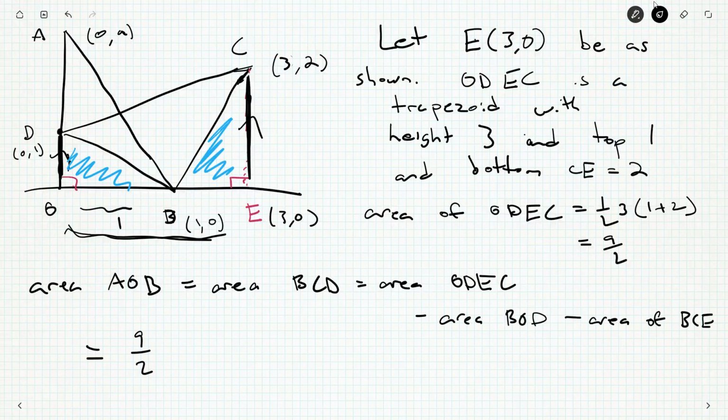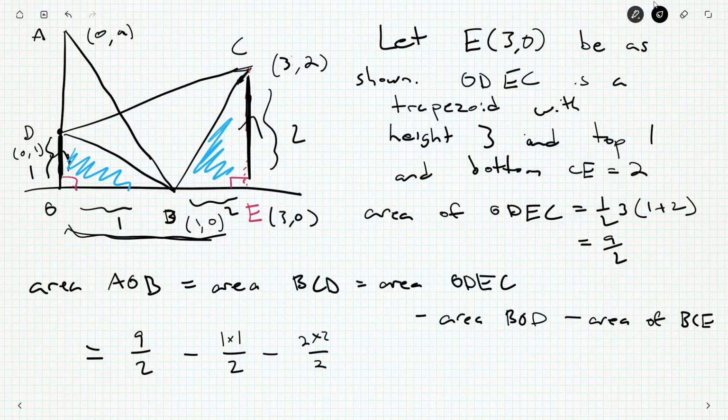And then we have a distance of 1 here, a distance of 2 here. So minus 1 times 1 over 2. It's a height of 1 here. Minus 2 times 2 over 2 here. So that'll be 9 halves minus 1 half is 8 halves, or better known as 4. And 2 times 2 over 2 is 2. So this is 4 minus 2 is equal to 2. So the area of AOB is equal to 2.